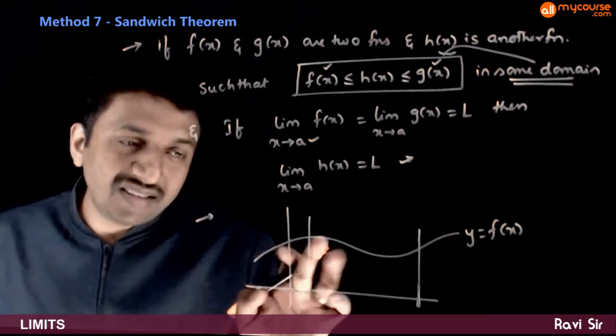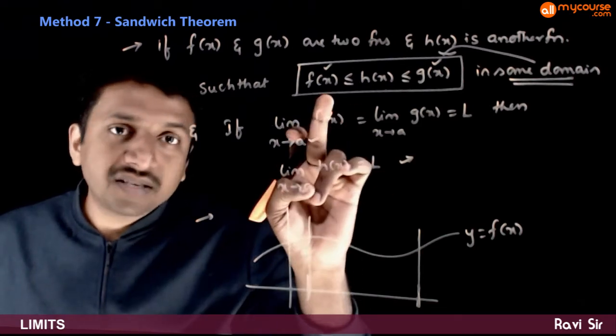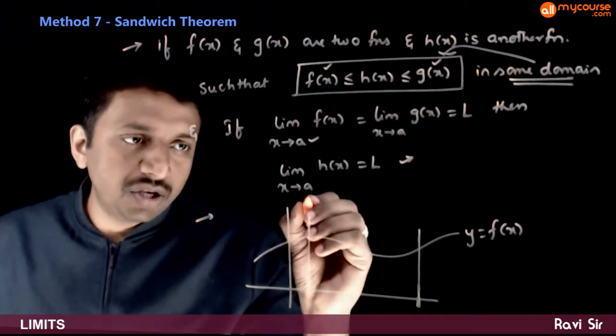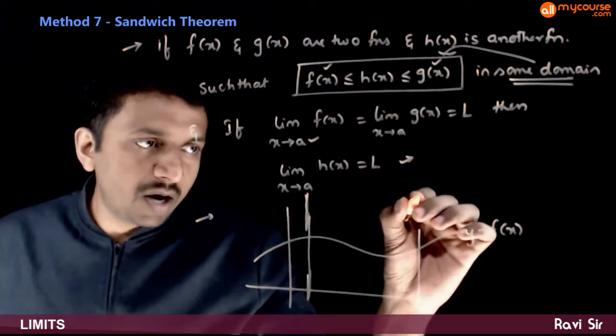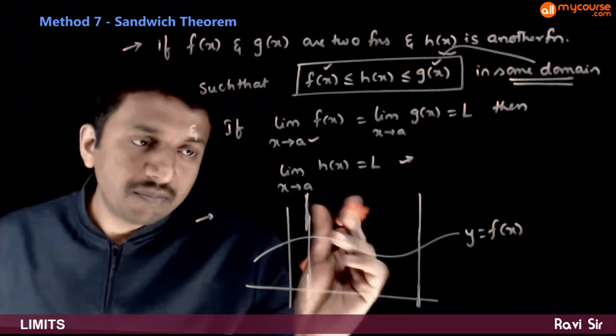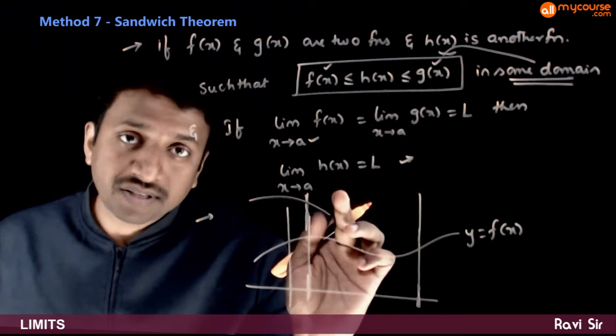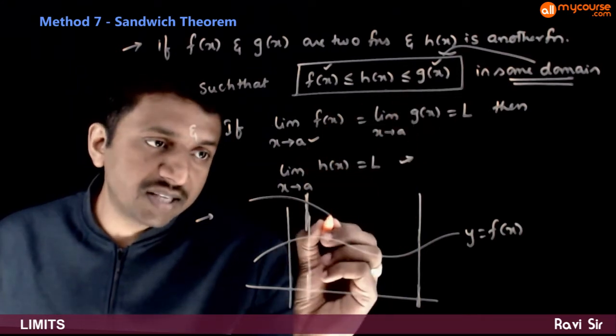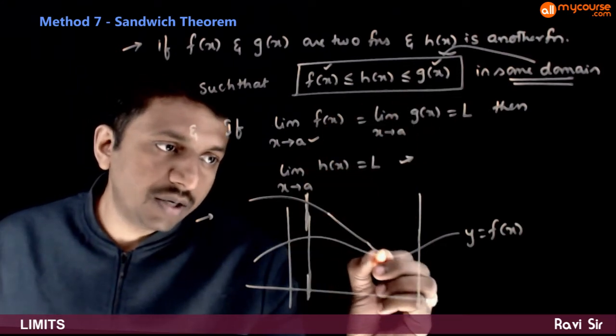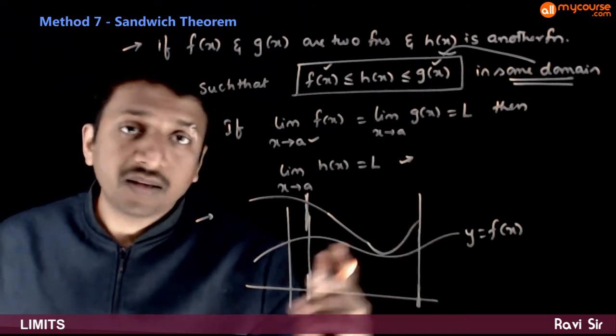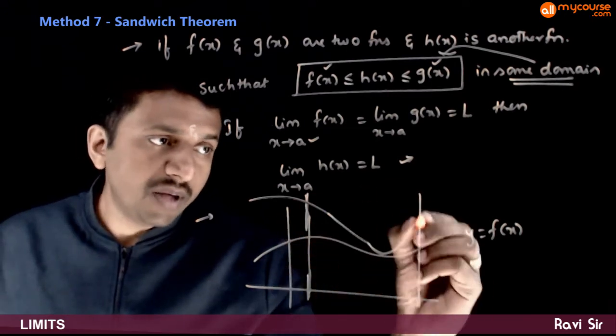So let us say that within this domain, f of x is always less than or equal to g of x. I am not really concerned what happens after this, but within this domain, I say that my g of x is always greater than or equal to f of x.